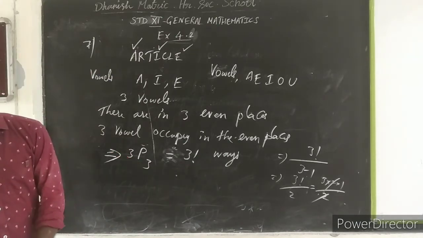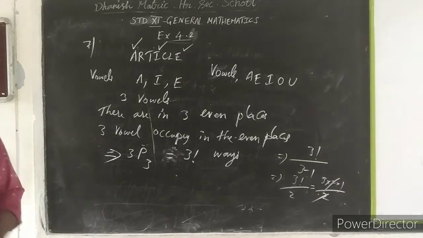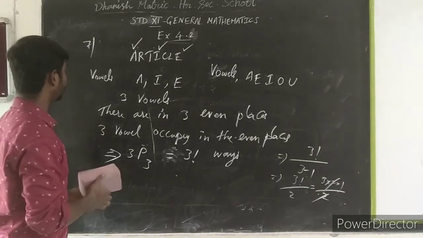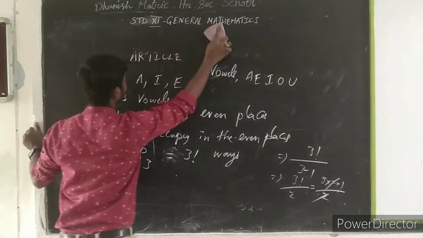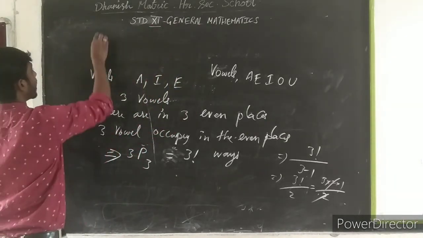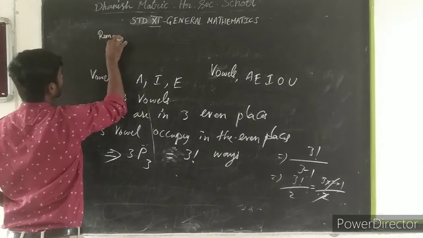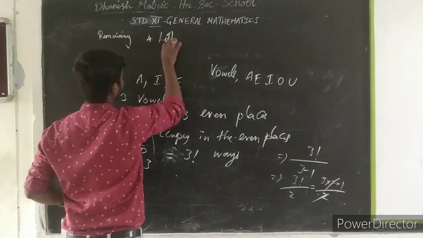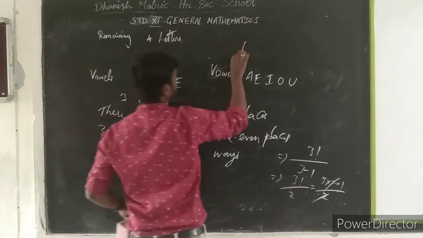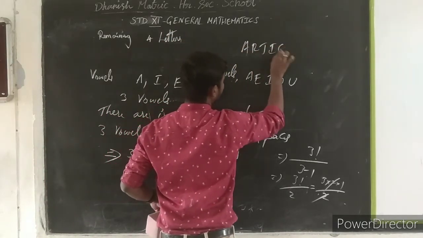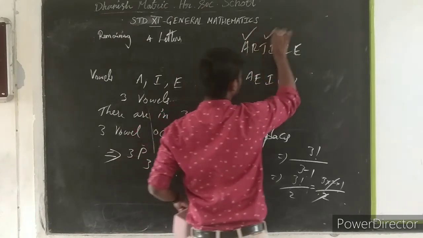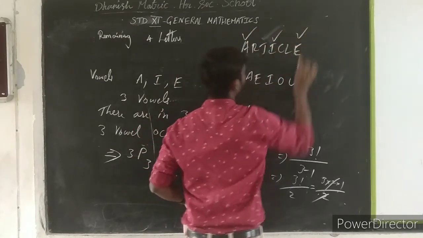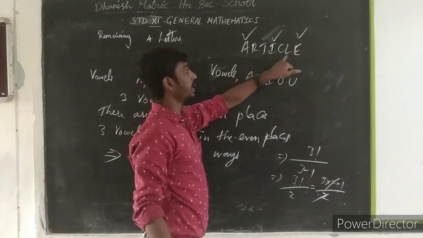Let me solve the remaining: the remaining 4 letters can occupy the 4 places in 4 ways. In article we consider 3 vowels; what are the remaining letters? 1, 2, 3, 4 letters.